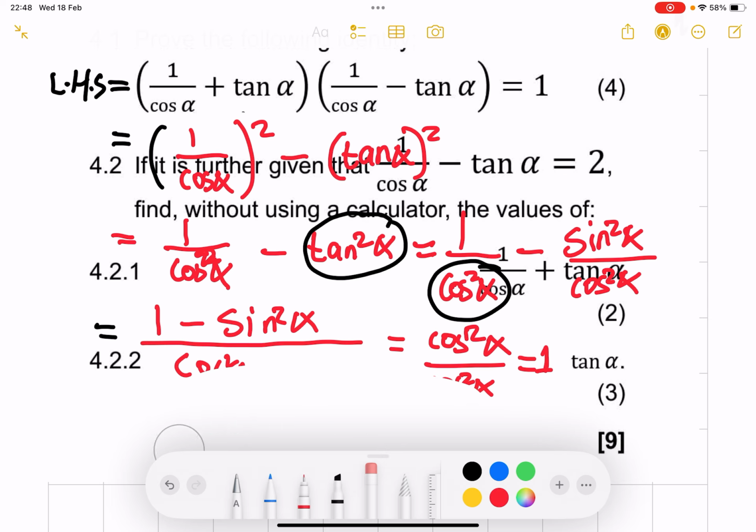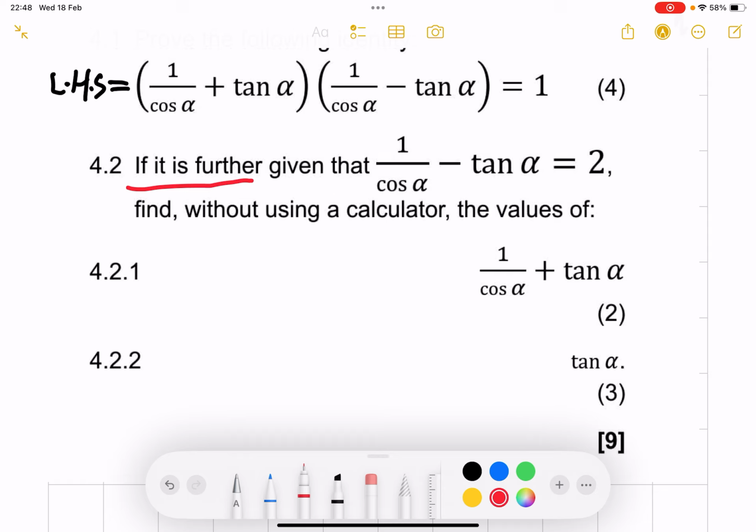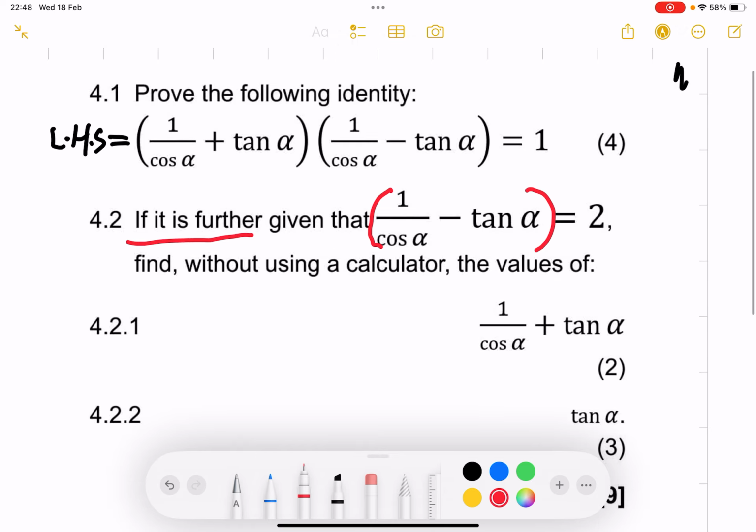Now, let's go to question 4.2. On question 4.2, it is further given. If a question says it is further or hence, it means you need to use your answer in the previous question, right? So we are told that this part is equal to 2. And if you observe, that part is there in the identity. So I'm going to rewrite the identity.